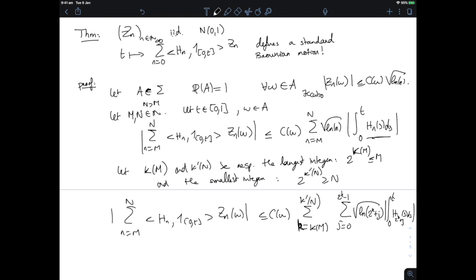I'm just re-indexing the elements of my Haar basis, writing all the natural numbers as things of the form 2 to the k plus j for some k and some j. I want to go from something that's literally of the form 2 to the k to something of the form 2 to the k'. So I go a little bit below that m potentially to have something of the form 2 to the k(m), and a little bit above that n to have something of the form 2 to the k'(n).